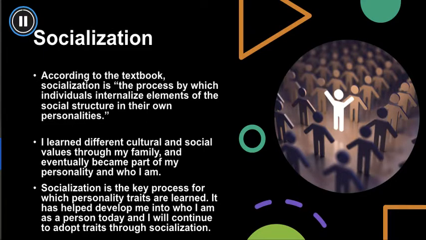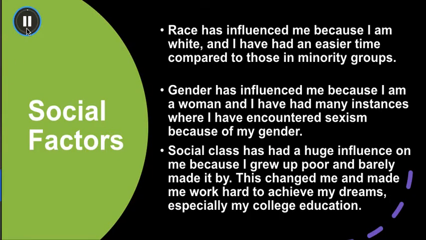In terms of social factors, race has influenced me because I am white and I have had an easier time compared to those in minority groups. I acknowledge my privilege and I accept it, but I want to help others who are not as lucky as me. Gender has influenced me because I am a woman. I have many instances where I have encountered sexism because of my gender.